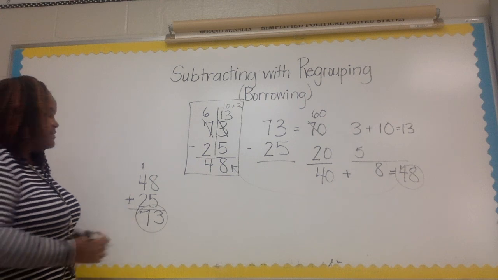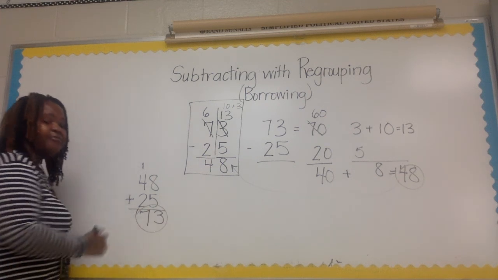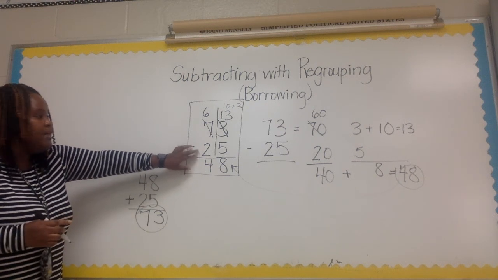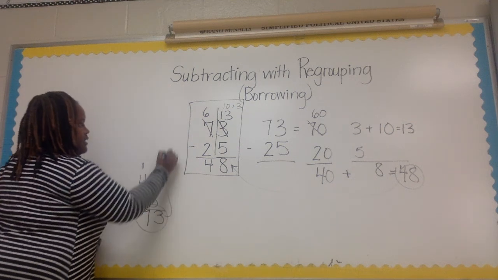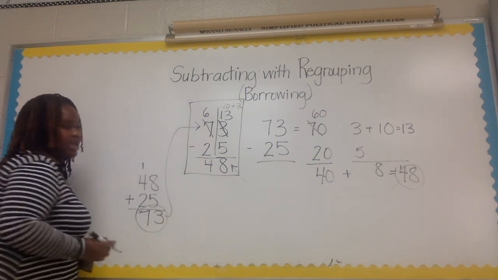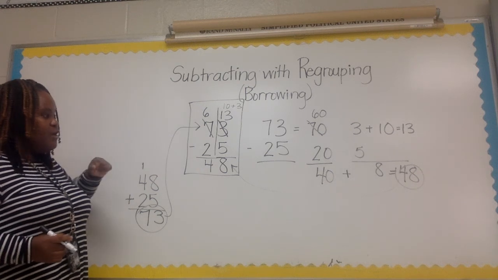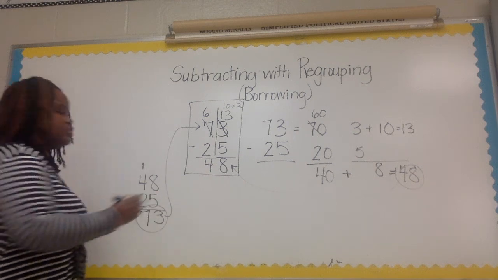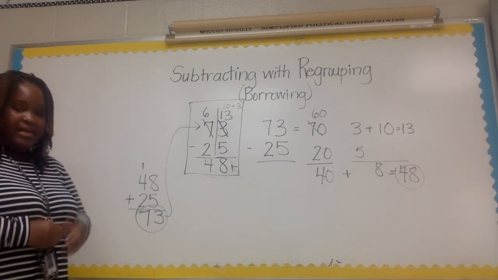Now, when you do this, always go back and see if this answer that you came up with, after you've added your answer together plus the number that you actually subtracted, makes the larger number. And if it's the exact same thing as the first number that you started with, you know that your answer is correct. In this case, our answer was 48. So we know that we can check that one off our list and we know we got that one correct.